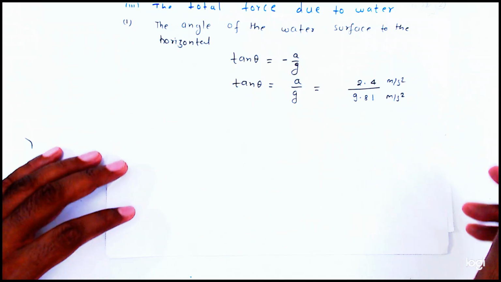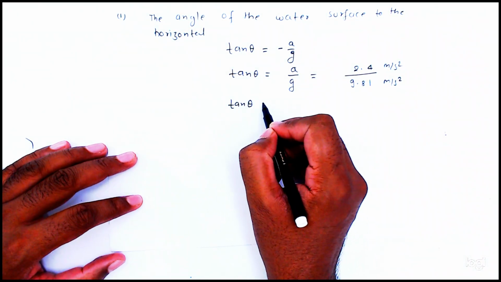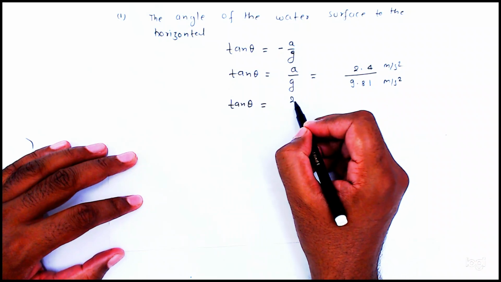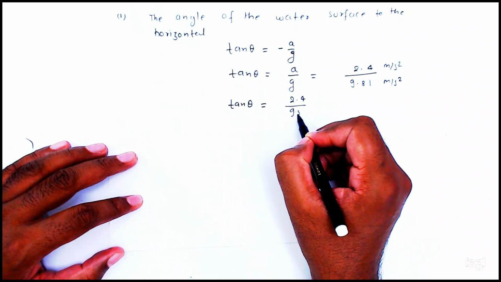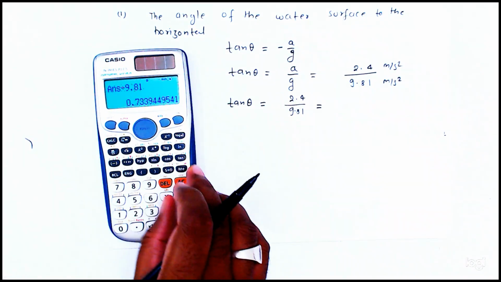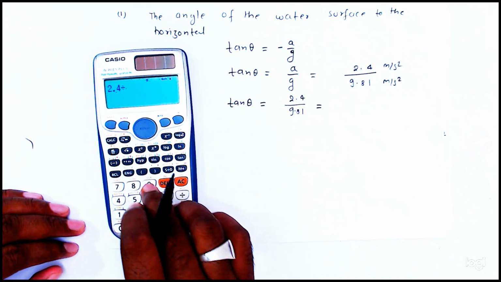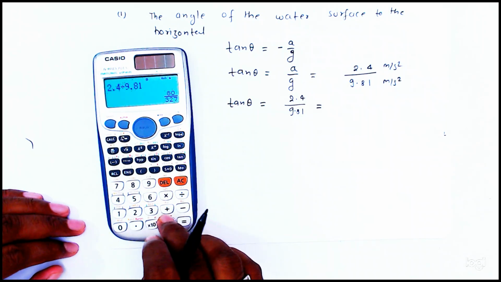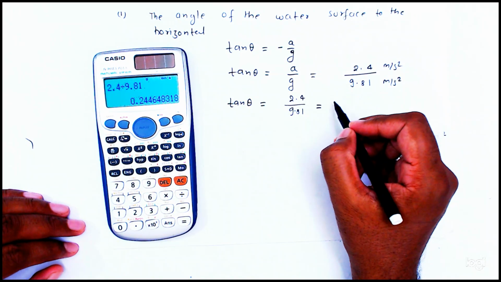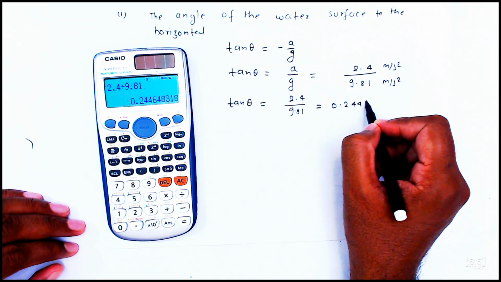So friends, from here we are able to calculate the slope, the angle theta. 2.4 divided by 9.81, its value will come 0.2446.